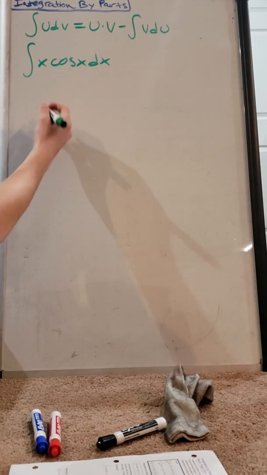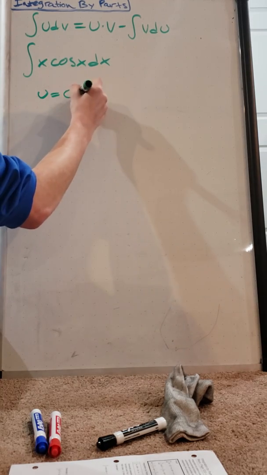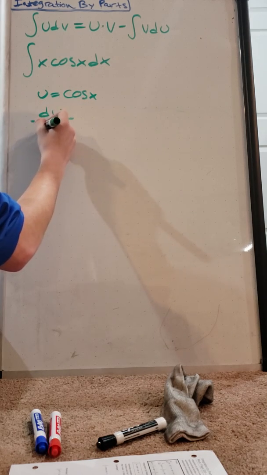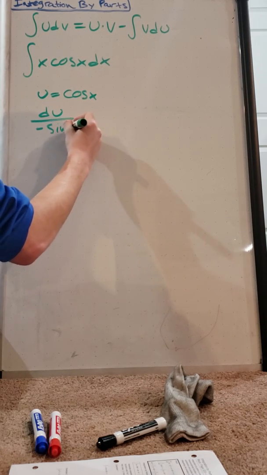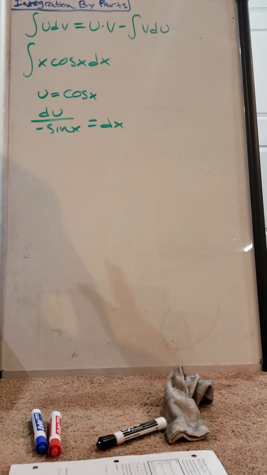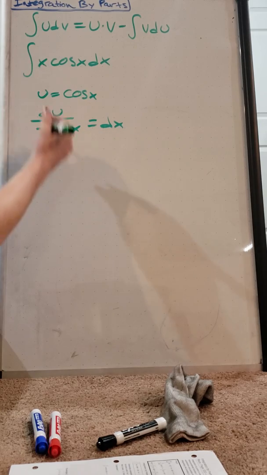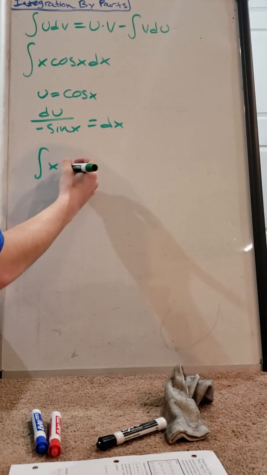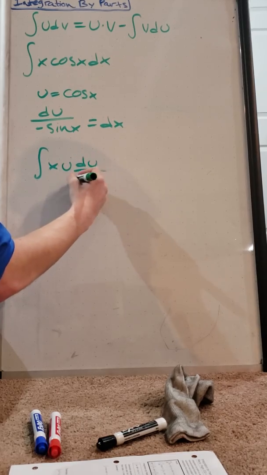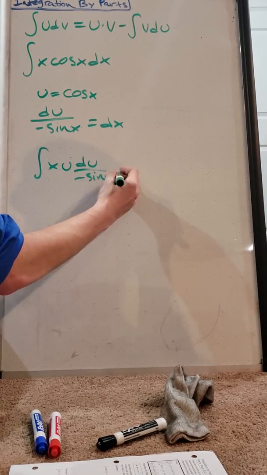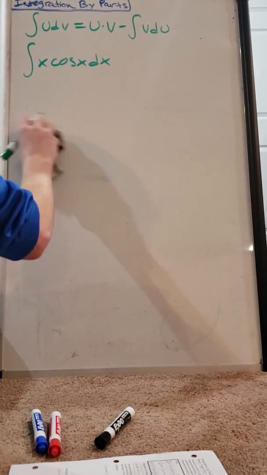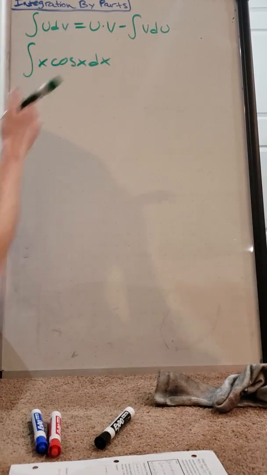If we tried substituting u for cosine x, you get du over negative sine x equals dx, and that doesn't cancel out with anything, so you'd be left with x u du over negative sine x, which doesn't help. So we have to use the integration by parts formula.